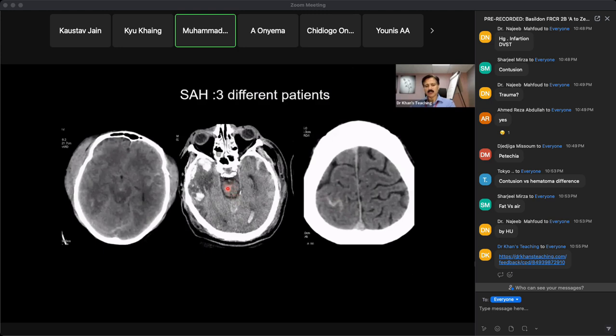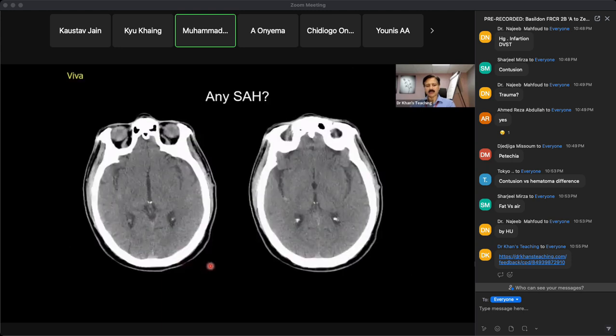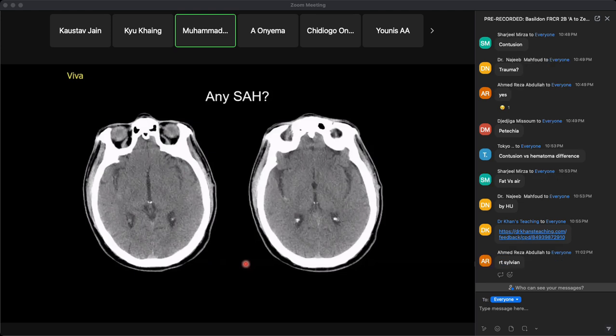Look here, subarachnoid hemorrhage in the interpeduncular cistern. Look here in the interpeduncular cistern. Any subarachnoid hemorrhage? Just going through. There is some high density, especially on the right side, parietal occipital junction.